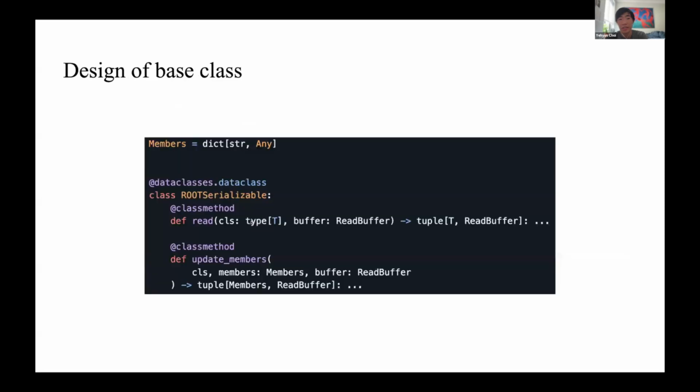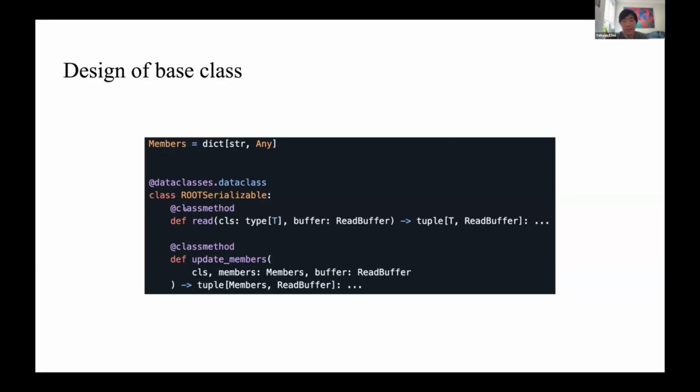Let's look at the base class here. In root file spec, each root object is represented by a Python data class, shown here. Let's say a TFile or a TDirectory, they are data classes. These all have two main methods.